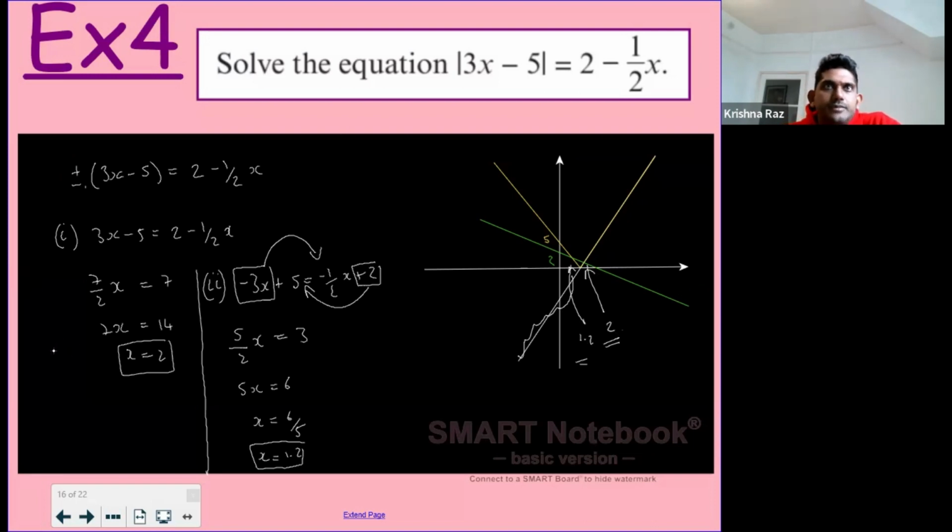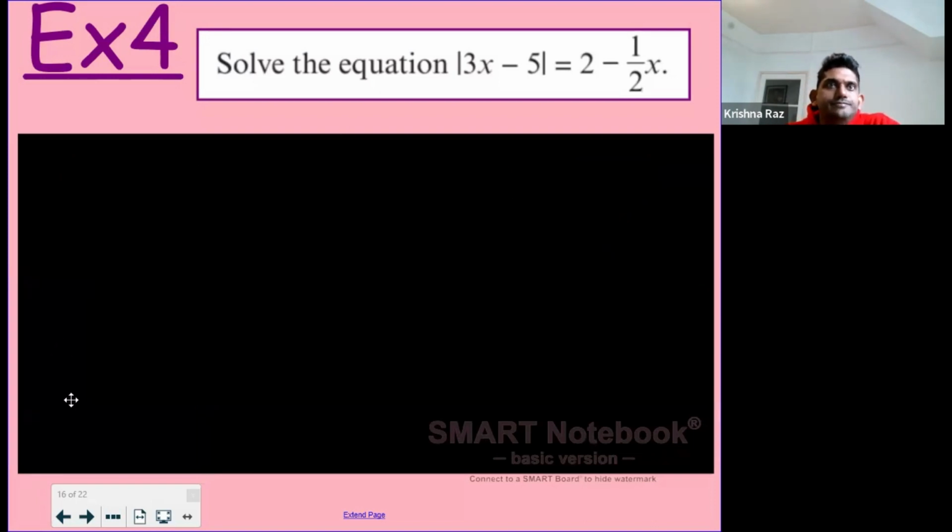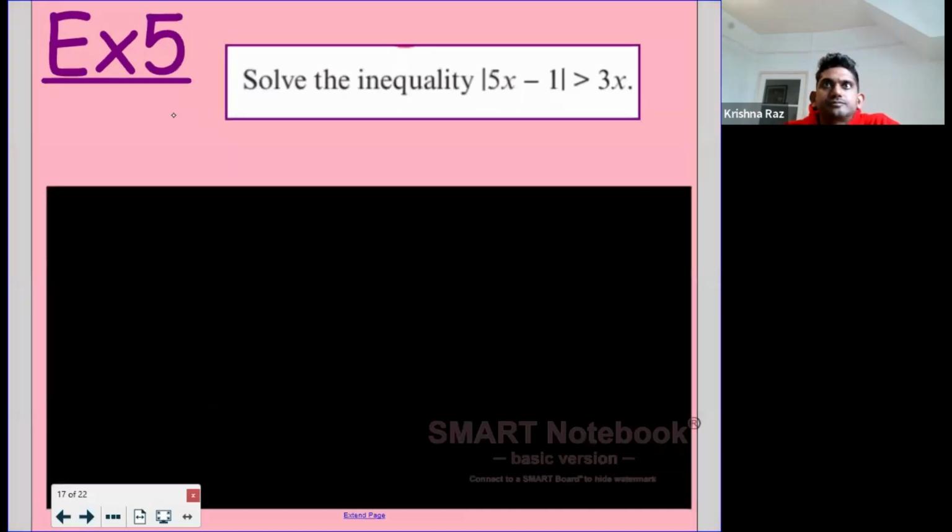And let's go to the last one. It's solving the inequality modulus of 5x minus 1 is greater than 3x. So I'm going to draw the graph first again so I can space my page well. So 5x minus 1 has a gradient of 5 and a y-intercept of negative 1. So something like that.